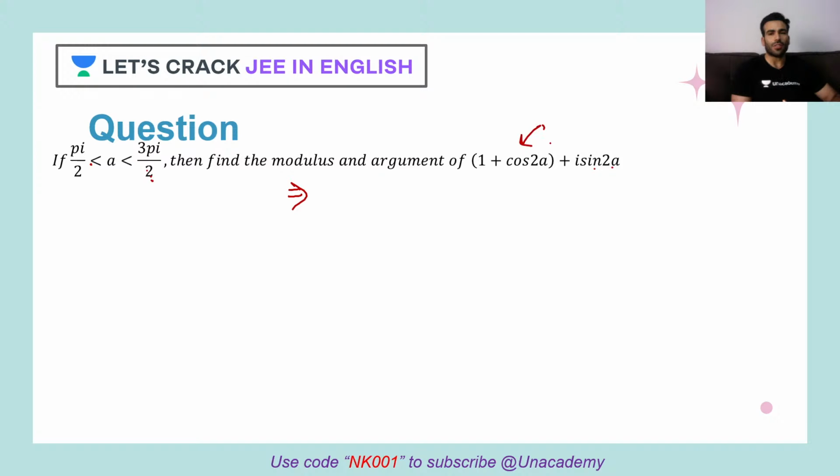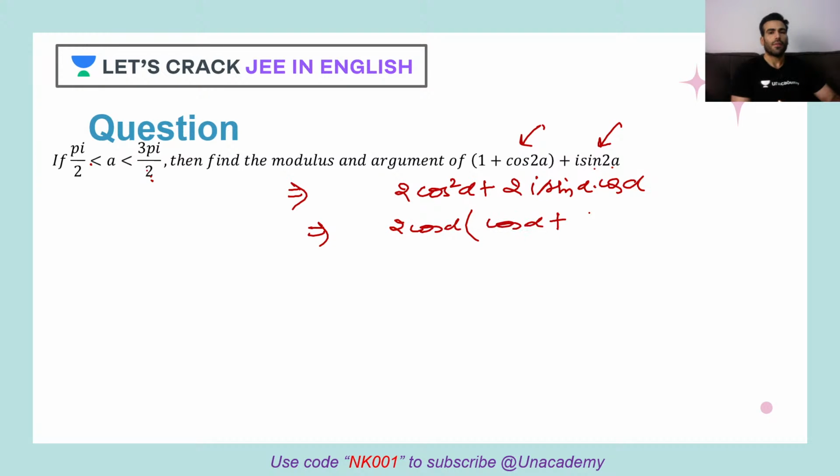So what I'll do is, first I'll simplify this complex number. So 1 plus cos 2 alpha can be written as twice of cos square alpha plus twice of iota sine alpha into cos of alpha. I can take twice of cos alpha common. So I have what? Cos alpha plus iota sine of alpha.